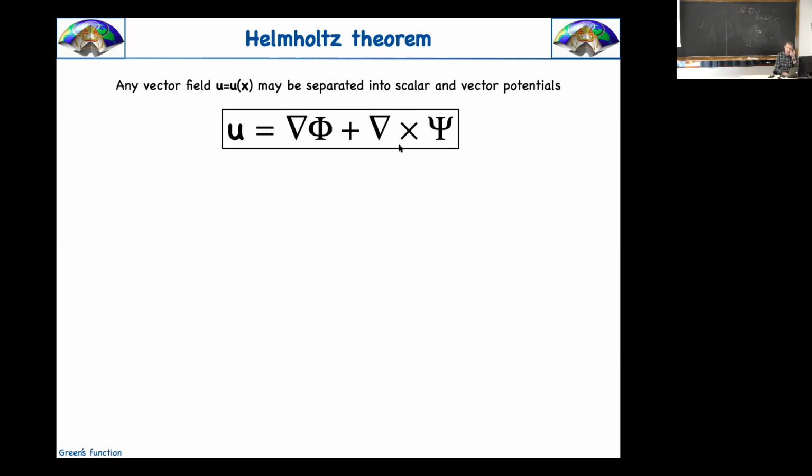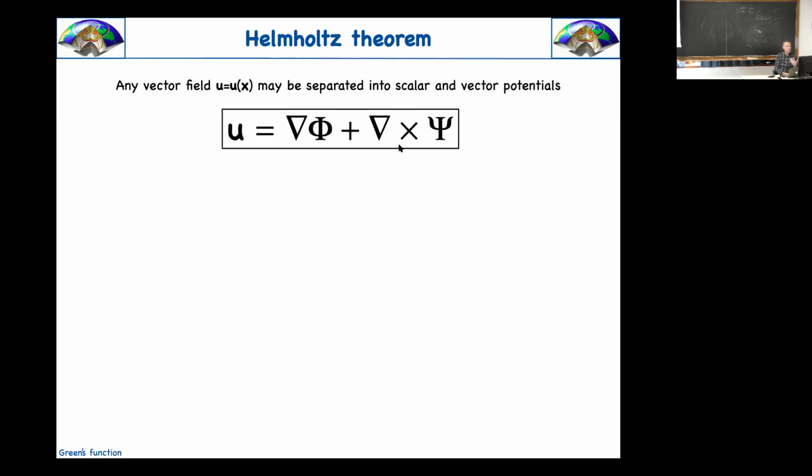So this slide here is just a recap of Helmholtz theorem. What is it saying? Well, actually, it's more complicated than this, because from a mathematical point of view, you have to add some conditions about the smoothness of the vectors. But in our classical physics approach, these conditions are satisfied.